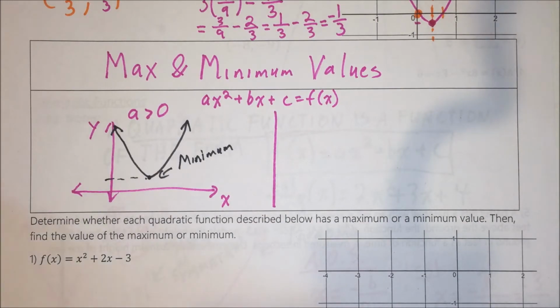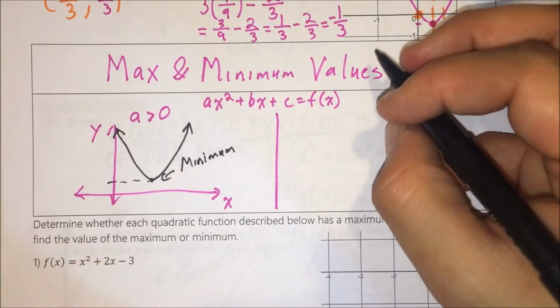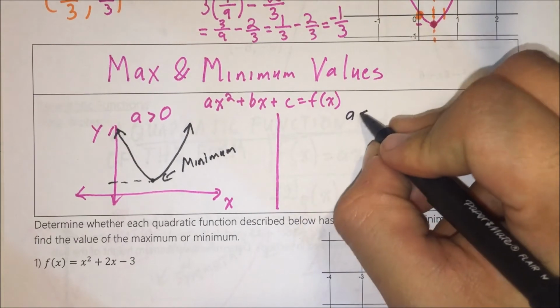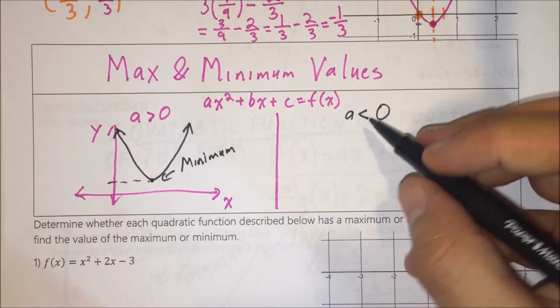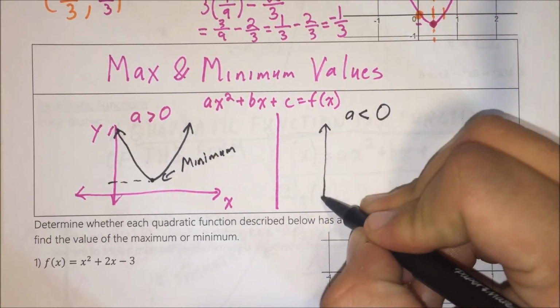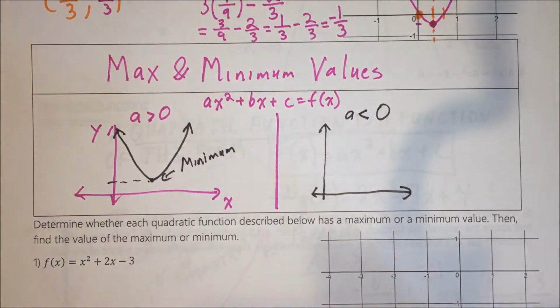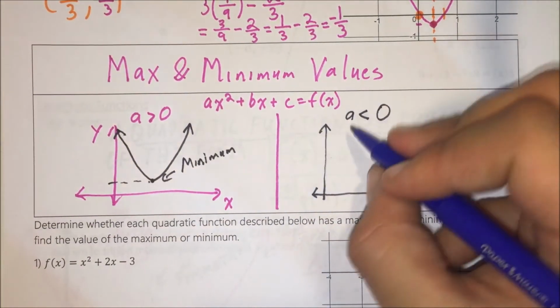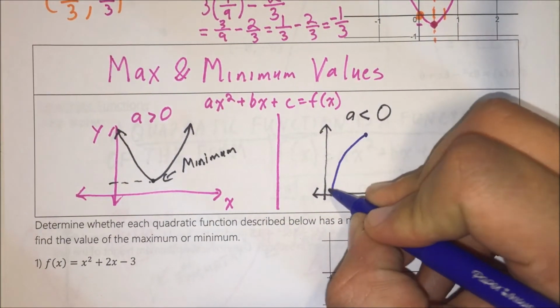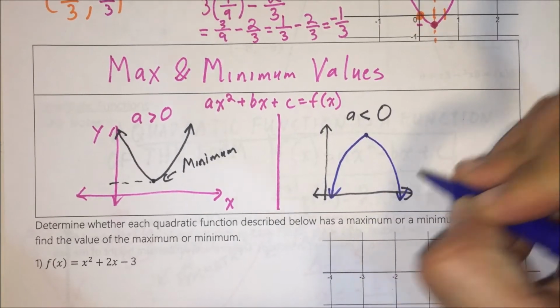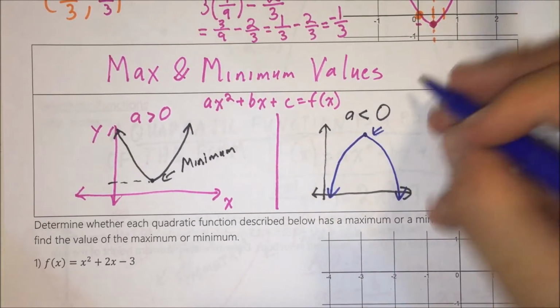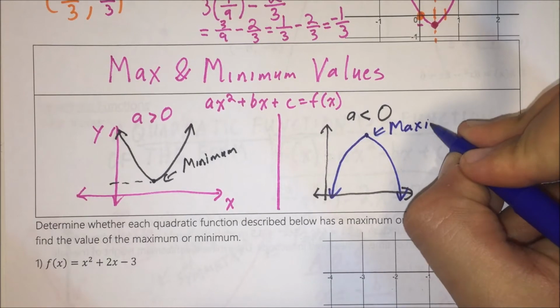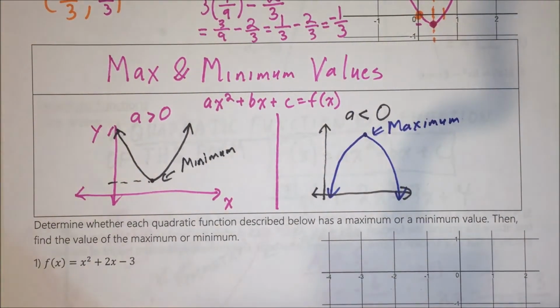And when would something have a maximum? Well, if the number in front of the x squared is less than 0, if it's negative, then we know that our graph is going to look something like this. Instead of looking like a bowl like they usually do, it's going to look kind of like a hill. And again, we'll say that the maximum is right there.